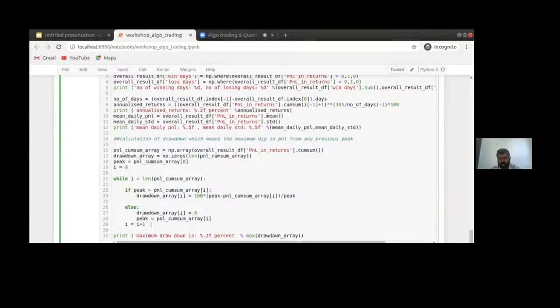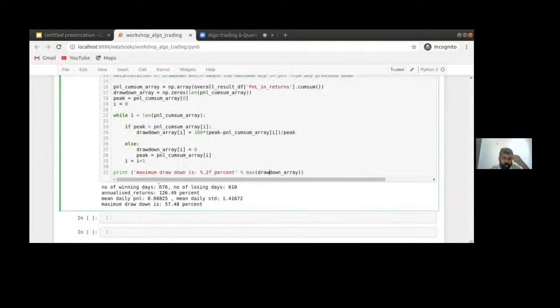So it is assigning the new peak to this peak variable, and then for today's date, you have no drawdown. And if your PNL starts dropping, then it will always be less than the peak. In that case, you calculate the difference in PNL for today. So the maximum value of this difference is my drawdown.